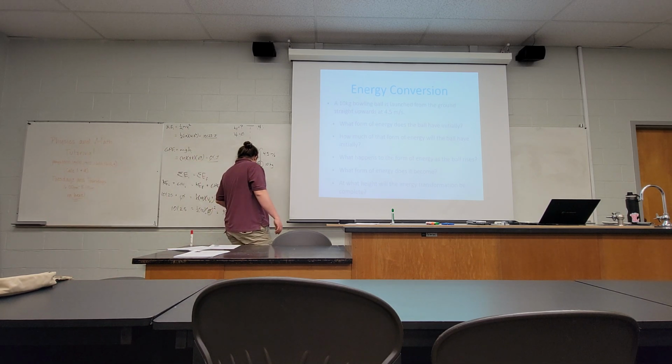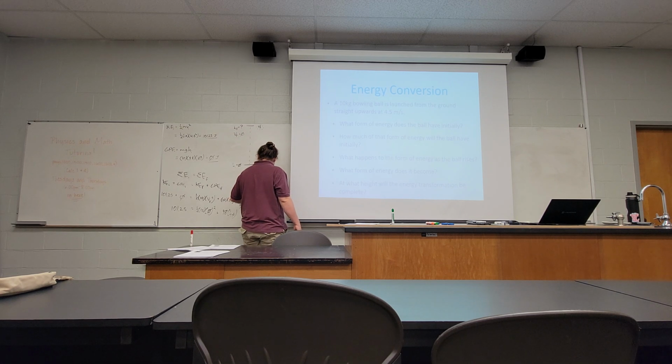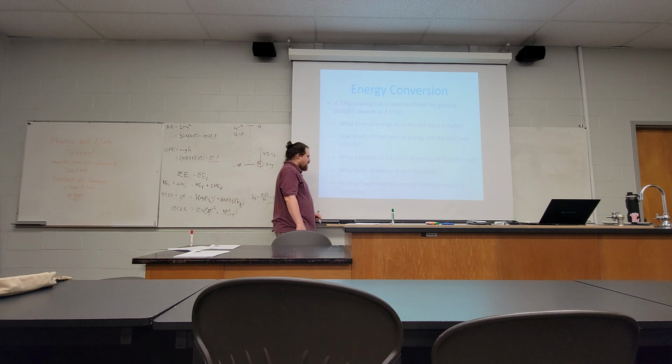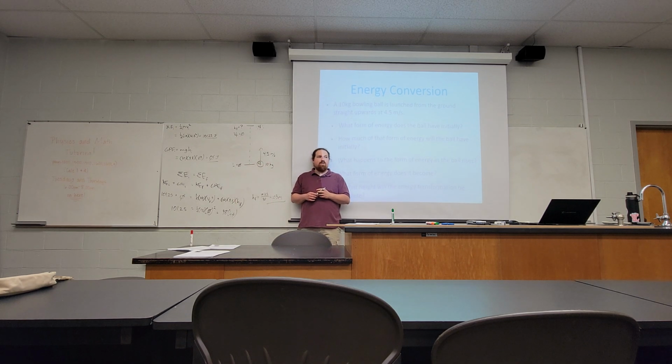So if that's 0, then height final would be 101.25 over 98, which is 1.03 meters. So if you can take a 10 kilogram bowling ball and chuck it at 4.5 meters per second, you could get it 1 meter into the air. And then you'd want to move because it's coming back down.